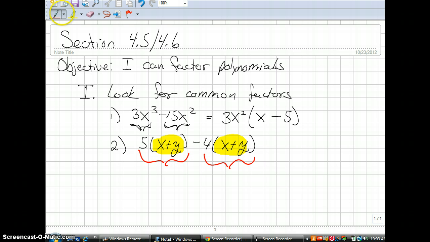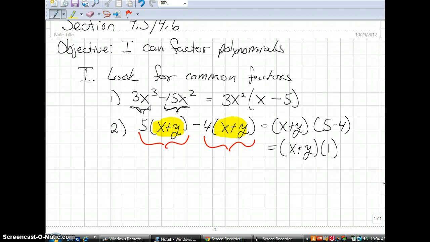They both have a common factor of x plus y, so we factor that out. And what's left is a 5 minus 4, or we can simplify that to just 1. So (x plus y) times 1. Right? So any time you're factoring, the very first step is to look for common factors.